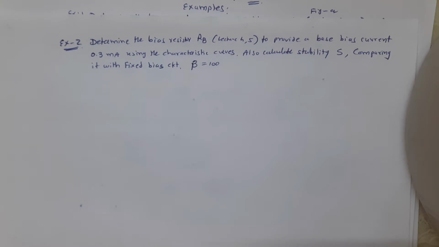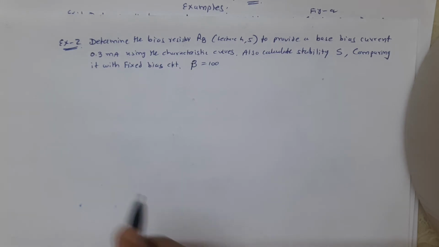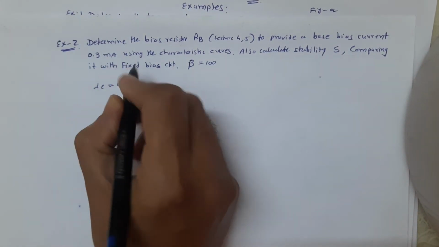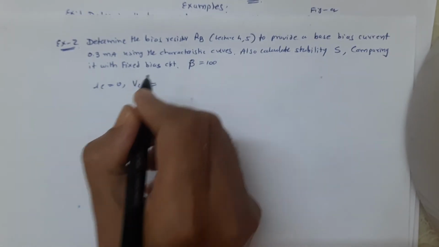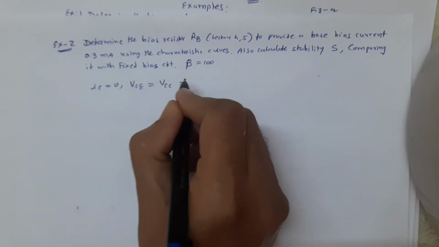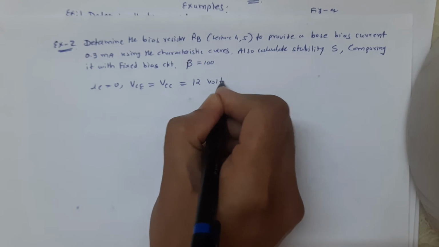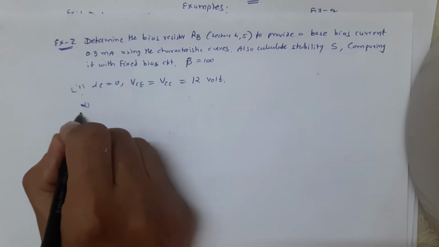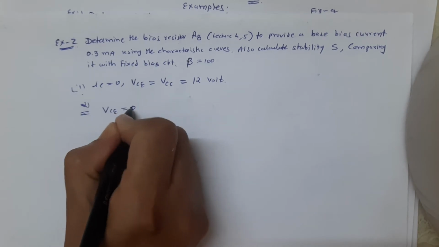So by using these figures we determine the value of stability factor S. Here, for IC equal to 0, VCE is equal to VCC, which is equal to 12 volt. This is your first point. Second, VCE is equal to 0.